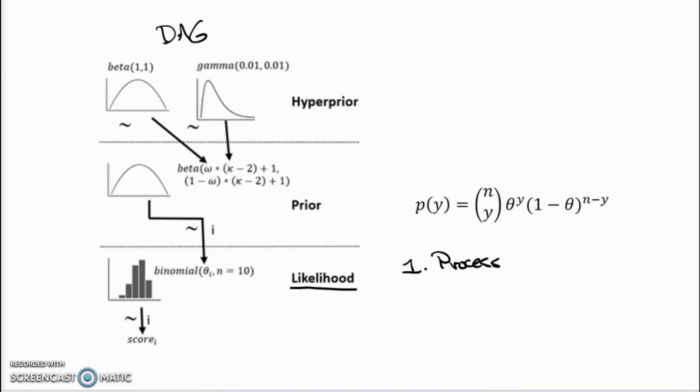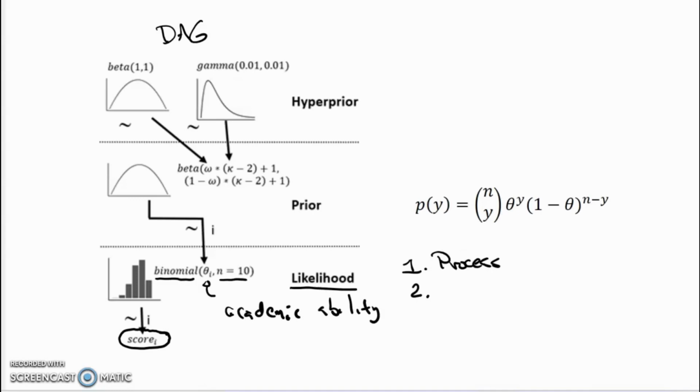So we're going to assume that these 28 values of score I, each one of those arose as a random draw from a binomial distribution with n is equal to 10 questions, n is equal to 10 trials, and this value theta I, which is the probability of success, the probability of getting a correct answer. And we're going to use theta I for each student as a measure of academic ability.